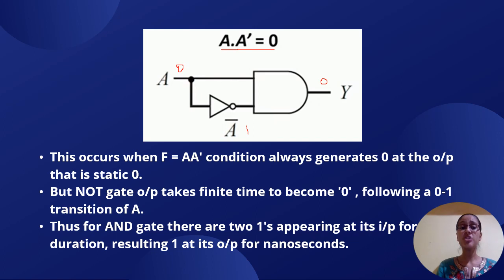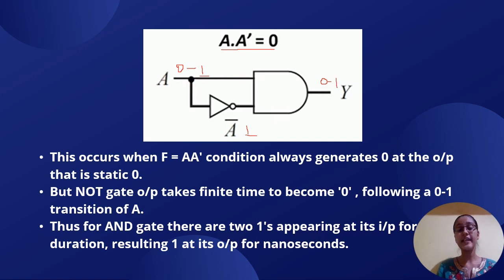Now, if I change this A to 1, the NOT gate output should change to 0. But due to the propagation delay of the NOT gate, it doesn't immediately change to 0. It remains at 1. So due to this 1 and 1 condition of the A input, the output will change to 1.